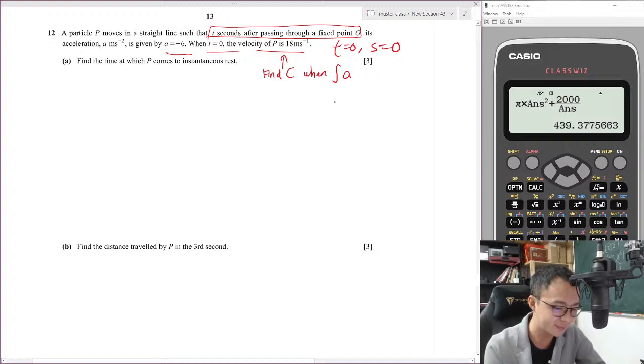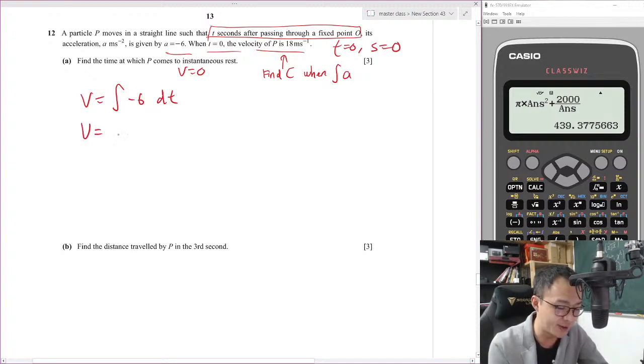Okay, find the time at which P comes to instantaneous rest. So basically when v equals 0. I don't have any v equation, so v equals the integral of a. a is just -6, so integrating with respect to t, my v is -6t plus c.